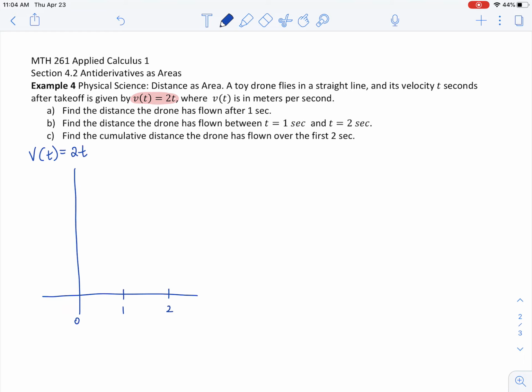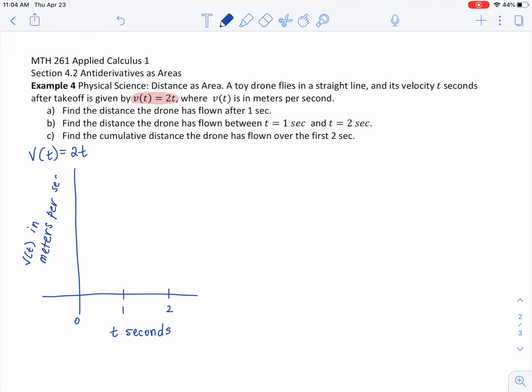So let me go ahead and graph that v of t equals 2t first, okay? My horizontal axis will go from 0, 1, 2. I just noticed this problem is going up to about 2. So 1 and 2 over here. And these are t seconds.